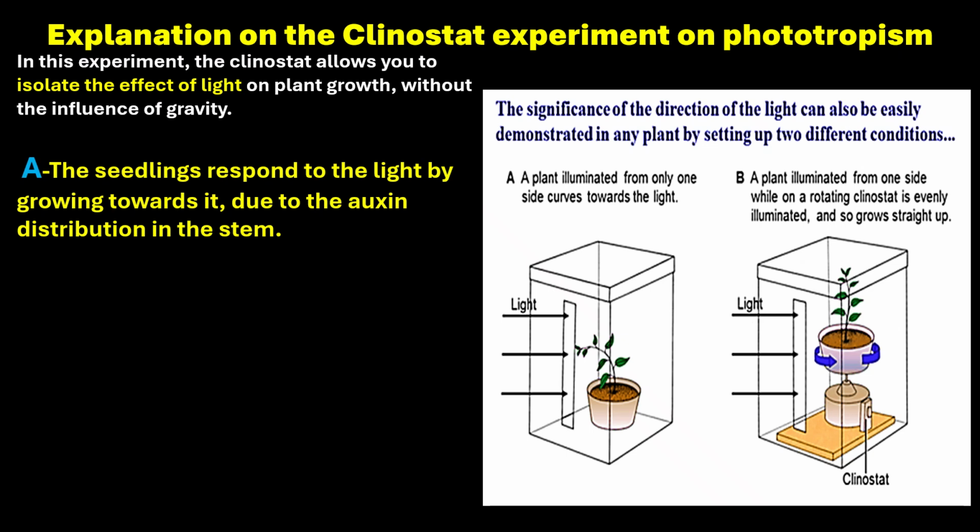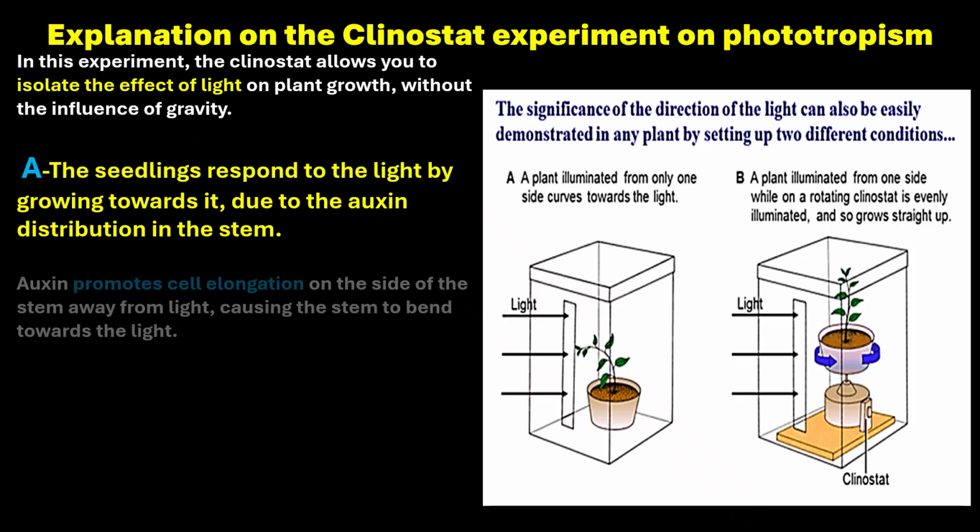The plant is not bending because of gravity. In seedling A, the seedlings respond to the light by growing towards it. Why did the seedling grow towards the light? You have to describe what you are seeing here. You can see the seedling was growing or bending towards the light. Over here, the seedling did not bend towards the light, though the light was coming from one direction, and it was rotating. And the reason why A bent towards light was due to the auxin distribution in the stem. So auxin promotes cell elongation.